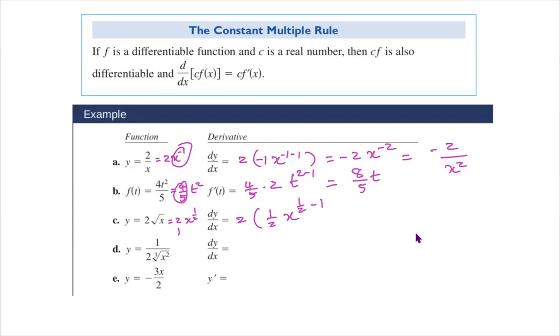It's always minus 1. So 2 times 1/2 is 1, just x to the power negative 1/2. But once you see negative 1/2, it's like there is a 1 over the expression with a positive exponent, 1 over x to the 1/2 power. 1/2 power is the radical, so that's going to be 1 over radical x.